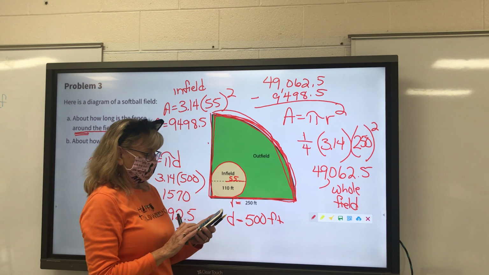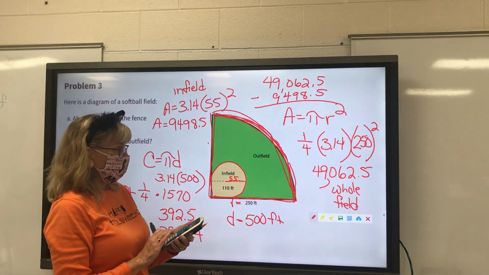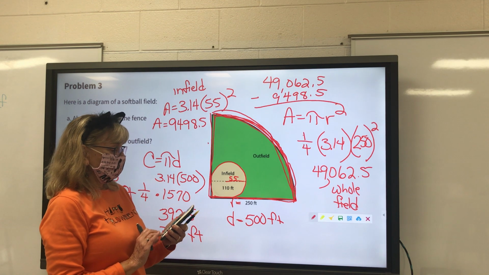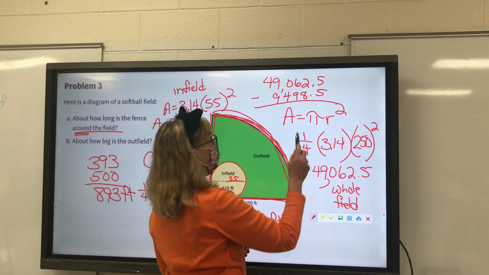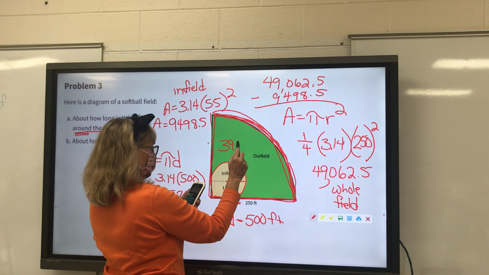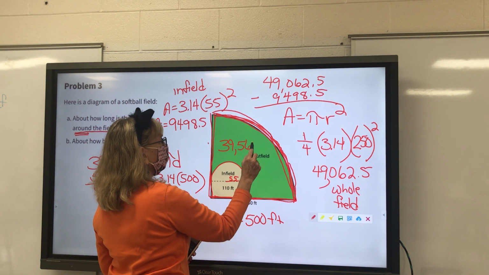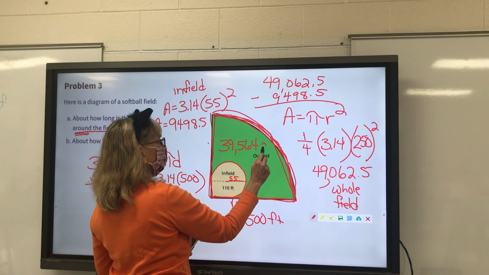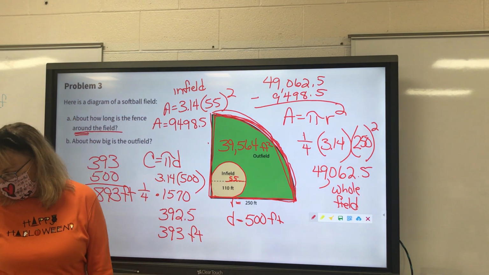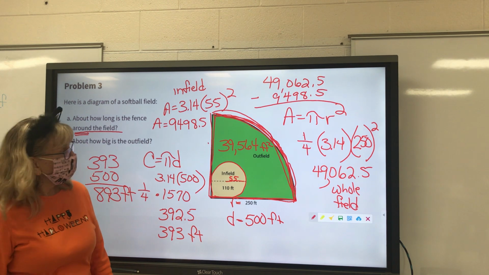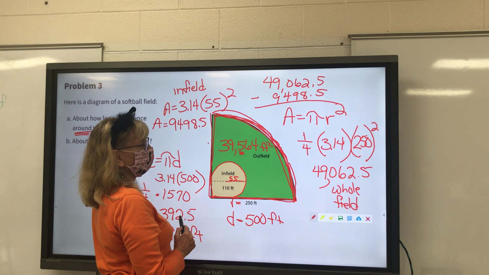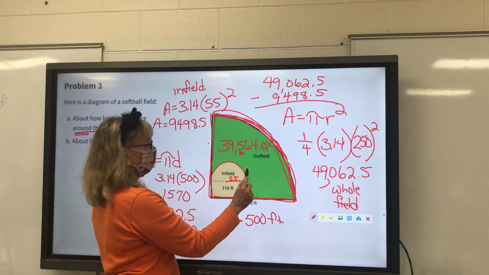And you get 39,564. And that is going to be feet squared. And what do they want to round it to? The nearest hundred. So that's the hundreds place. So what's it going to round to?